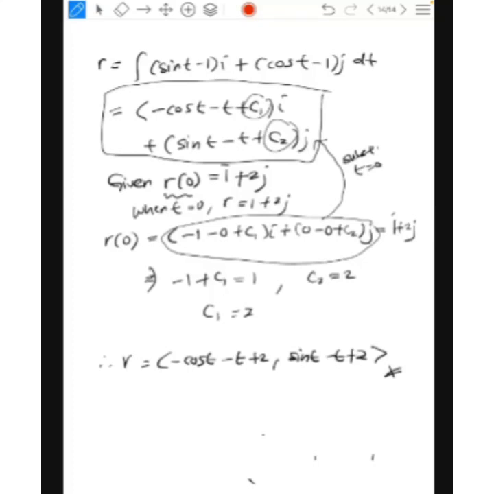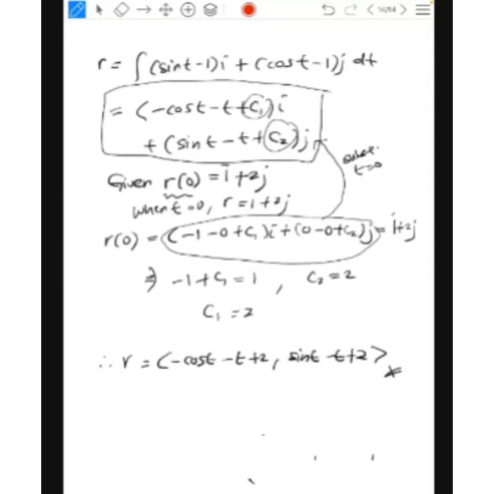That's your final answer. For 12A and B, you just do similar methods to this 12C. But for 12C, you have to integrate twice because it is R double prime. For A and B, you just integrate once.